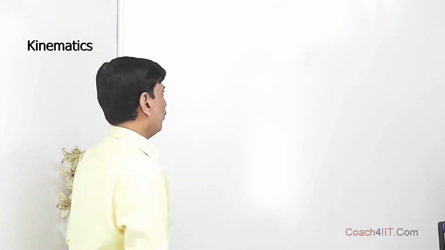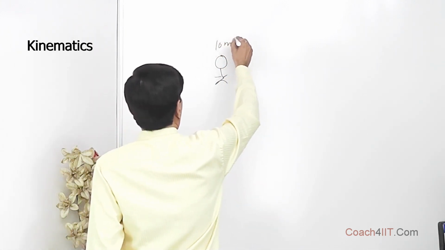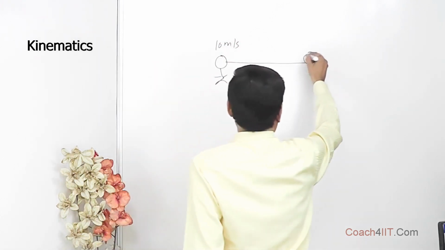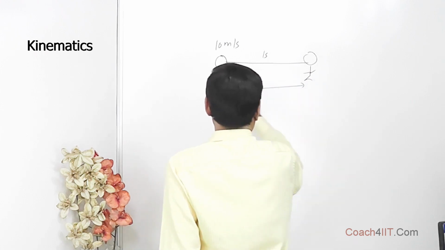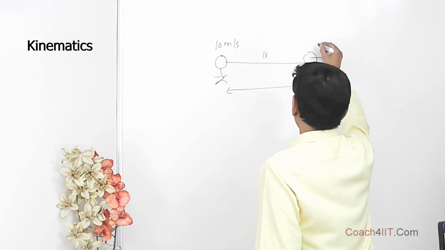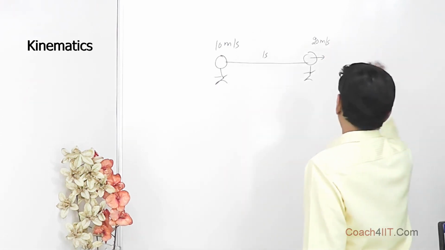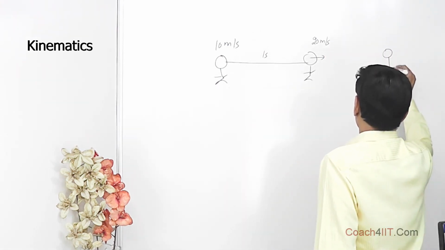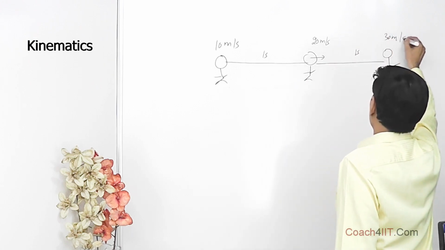Let's say this person is initially going at 10 meter per second, and after 1 second, he is going at 20 meter per second. After 1 more second, this body is moving at 30 meter per second.